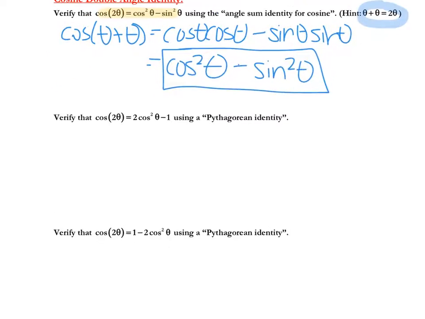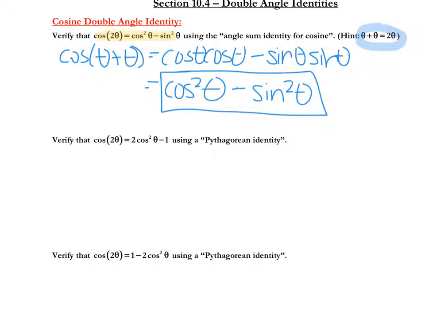All right, so now we're going to take the cosine double angle again, and we're going to prove that it equals 2 cosine squared theta minus 1. From above, we already know that the cosine double angle equals cosine squared theta minus sine squared theta. Then we're going to use the Pythagorean identity.